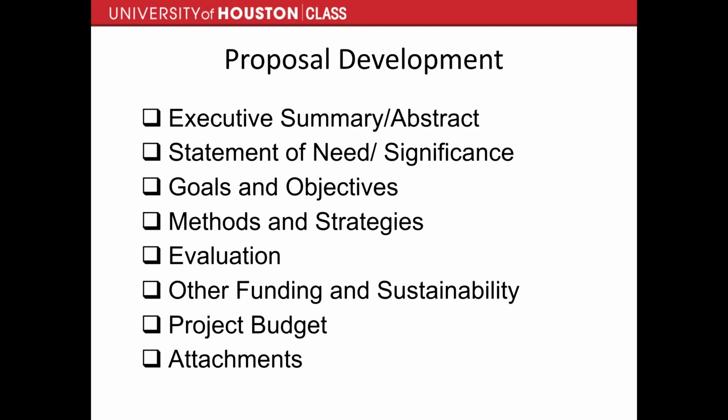And going back to that timeline that I advise you on creating, when you're coming up with your writing process, a lot of times I like to tell people to take the proposal format that the sponsor has given them and break your timeline up into pieces based on the actual format of the proposal.